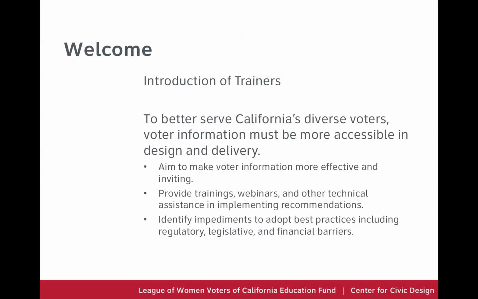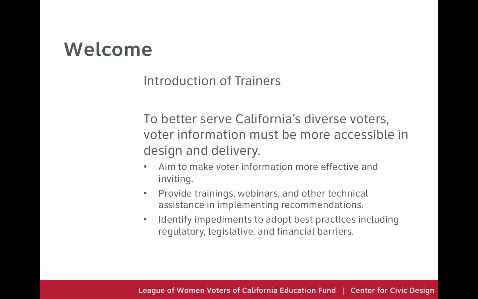One thing that I will say is we recognize that many of the things we're going to talk about are already in play in one or more counties across California. Some of the things that we're going to suggest are also really simple fixes, but some things are not. Some things may face regulatory issues, legislative issues, or even more commonly, I think, financial barriers.